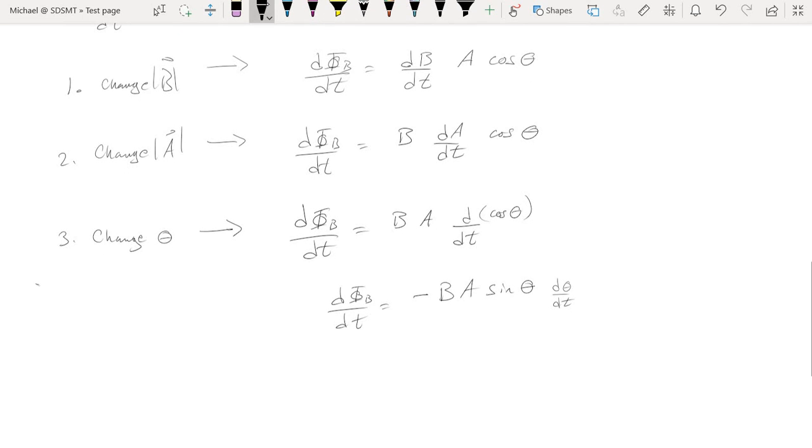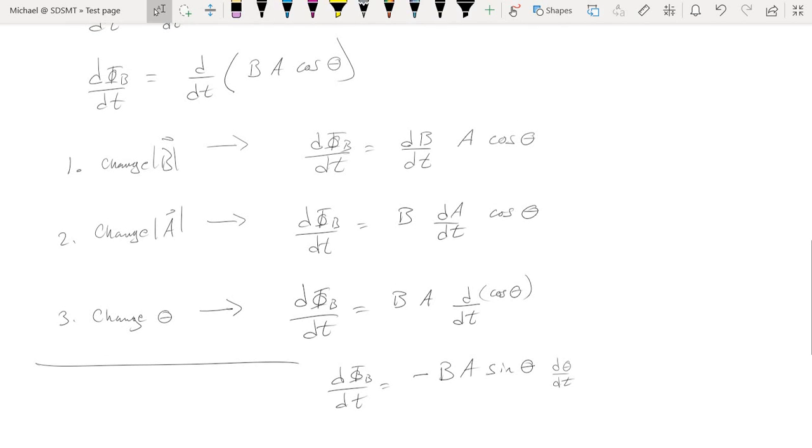But what if we had more than one of these things occurring at the same time in a system? What if I had a changing magnetic field and I was rotating the coil? What if I was changing the size of the coil as the magnetic field was changing? So in those cases, how do we combine the three different methods of change in magnetic flux?